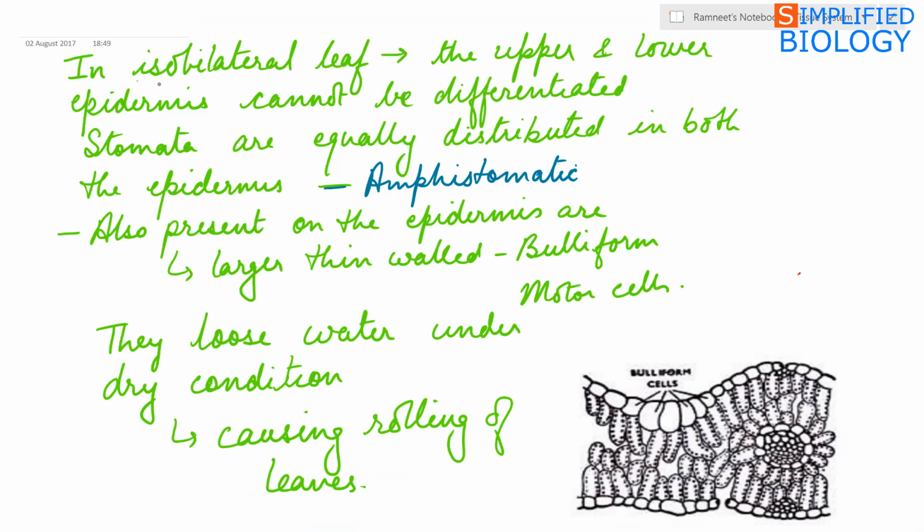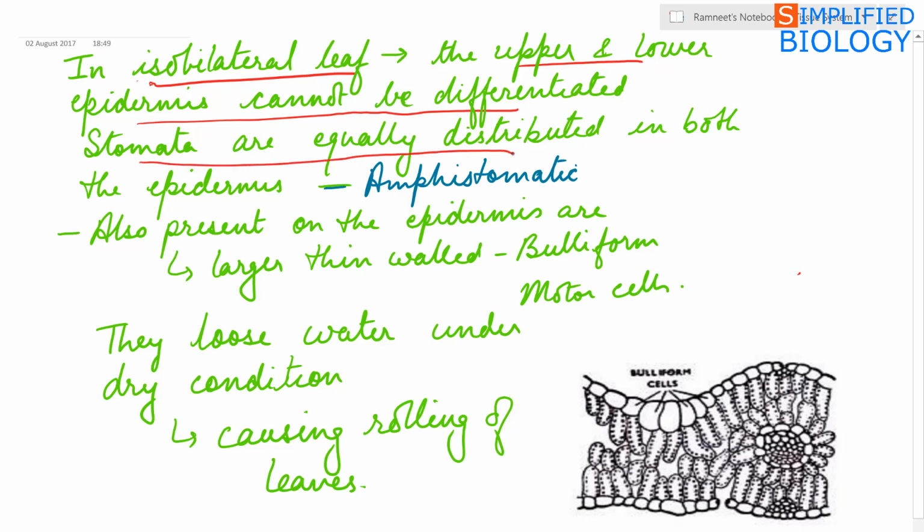In isobilateral leaves, that is the monocot leaves, as the name shows, the upper and the lower epidermis cannot be differentiated. Iso means same, bi means the two layers. So in isobilateral leaves, stomata are equally distributed on both the epidermis. This condition is known as amphistomatic.